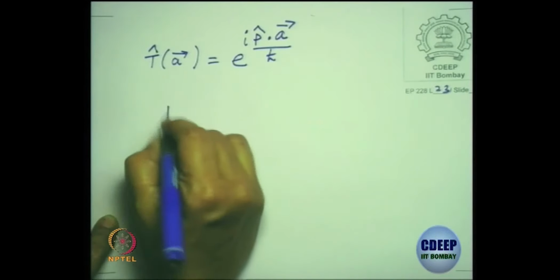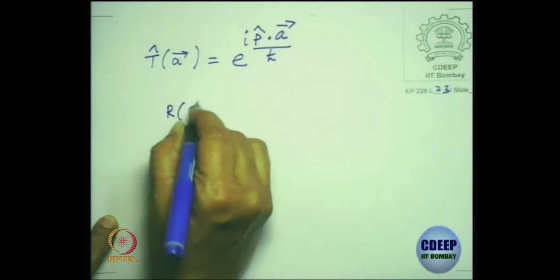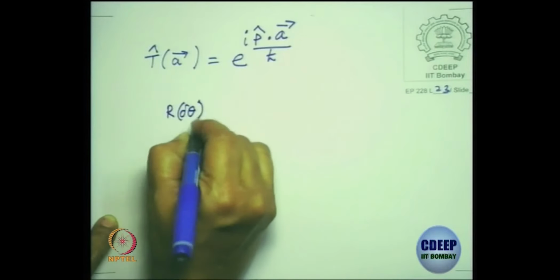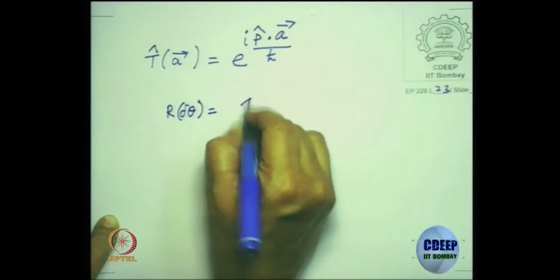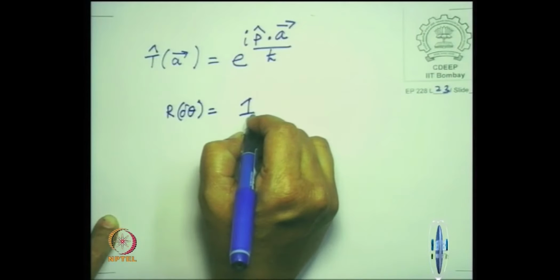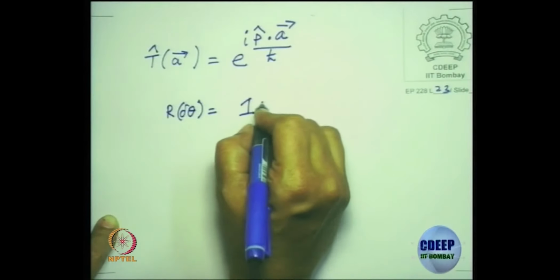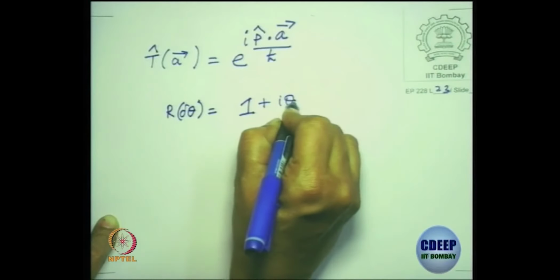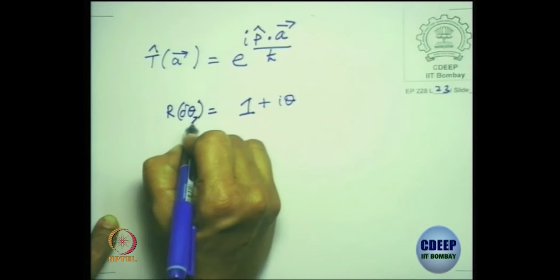I also at some point tried to motivate you to look at, for a very small rotation angle, what the rotation operator should be. What did we do for the rotation operator? For a delta theta that was very small, it was 1 minus i theta, and let's do it along the z direction, I said.